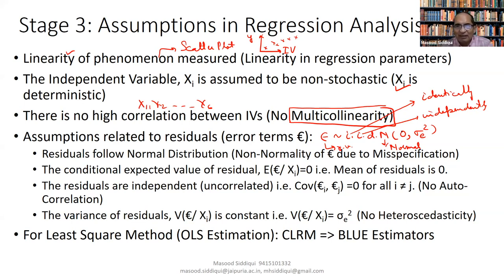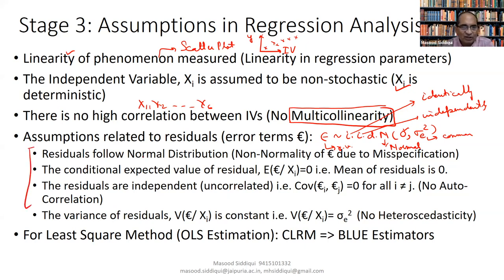The mean would be 0 and the variance should be constant. Identically and independently distributed normal variate with common mean 0 and common variance sigma square, where the suffix e denotes the variance of the error. So these lines are detailed in these 4 points.